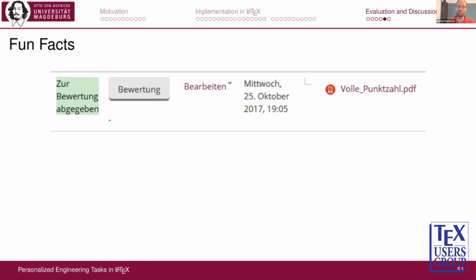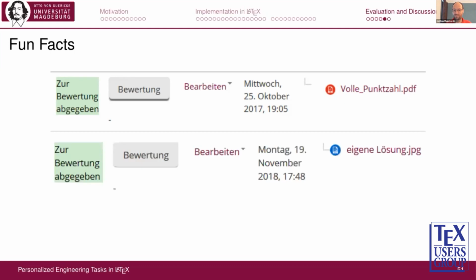If, as a student, you submit your solution with the name full points, or someone has submitted his solution under the name my own solution, then as a lecturer you think, okay, if there's a file on the computer of the student that says my own solution, is there also a file that is named solution of my friend?